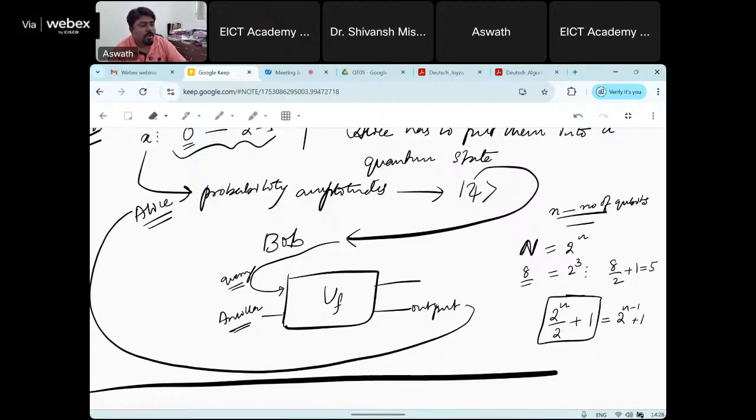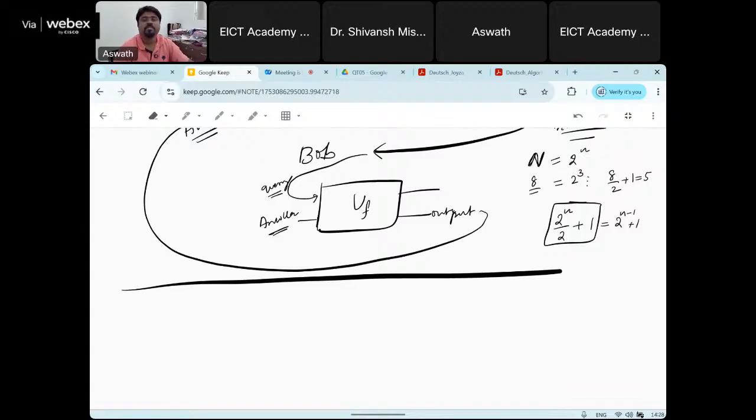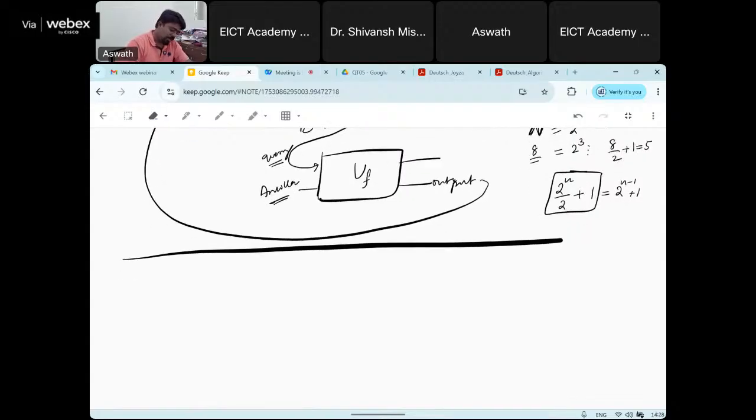Okay, if we have an odd number of data, then how do we decide the half values? Very good question. Okay, right? So in that case, you might need to do one more extra attempt. Let's say the number of input values is 9. 9 by 2 is what? 4.5.